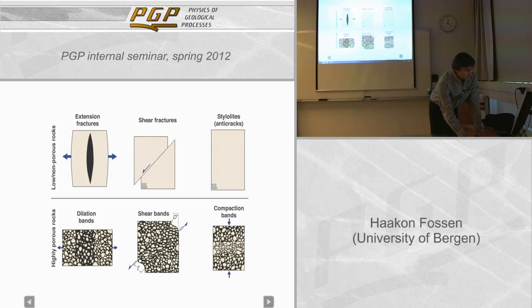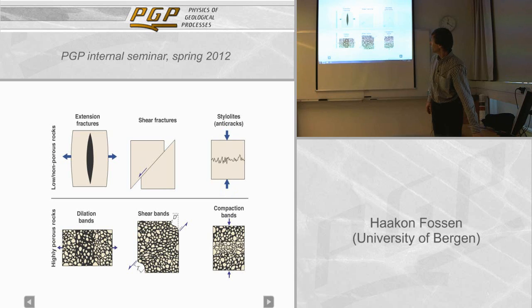We have shear fractures, and we have another type of sharp discontinuities that are not called fractures, but stylolites. So these define the end members of a spectrum of modes of movements associated with fractures.